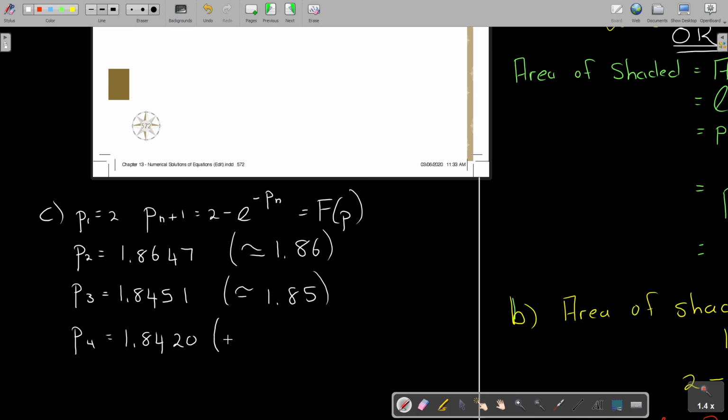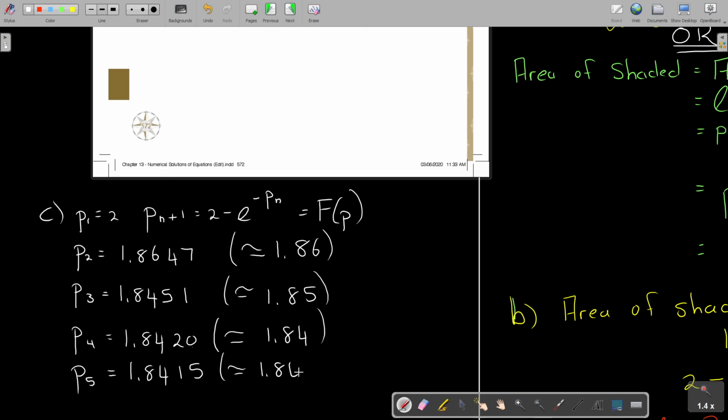And if I approximate, please remember that 0, it's 1.84. Then I go for my P5, press the equal, and it's 1.8415. And if I approximate, it's 1.84.